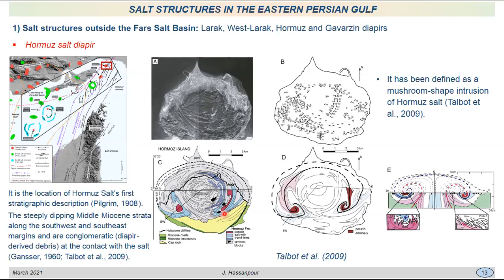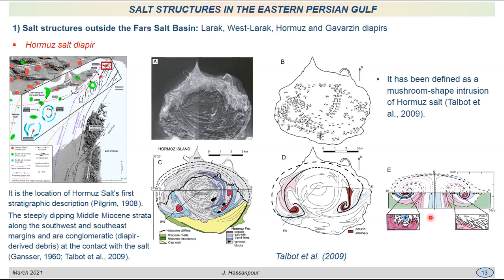Most of the surface of the island is covered by Hormuz salt, but in the southern part of the diapir, there are some outcrops of Middle Miocene and Pliocene rocks that show thinning and diapir-derived debris at the contact with the salt, showing evidence of Miocene and Pliocene rise of the Hormuz salt.